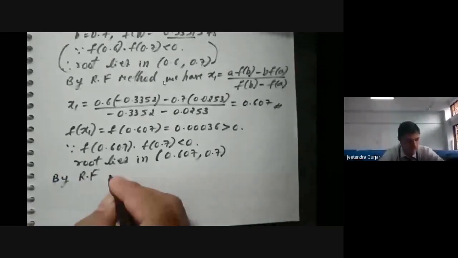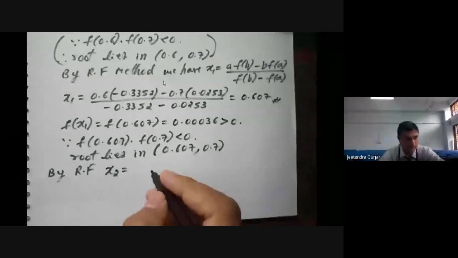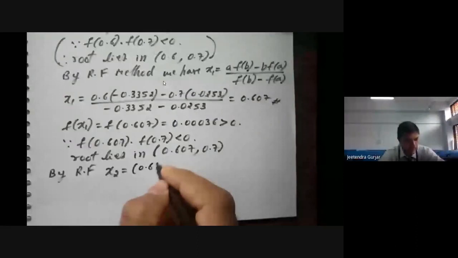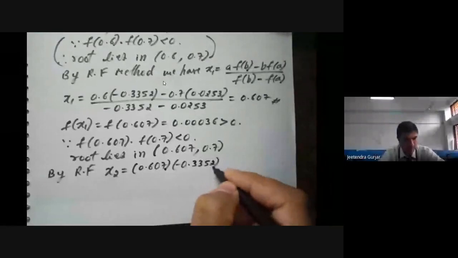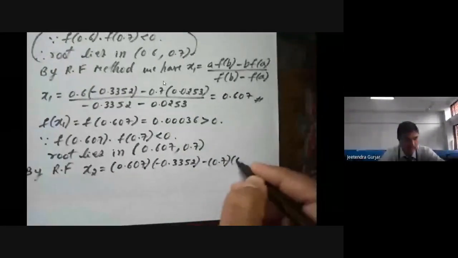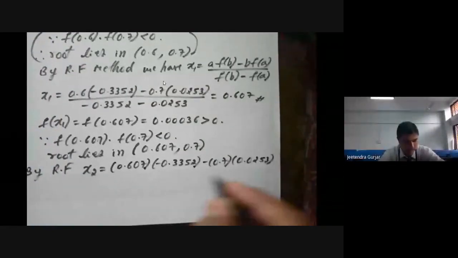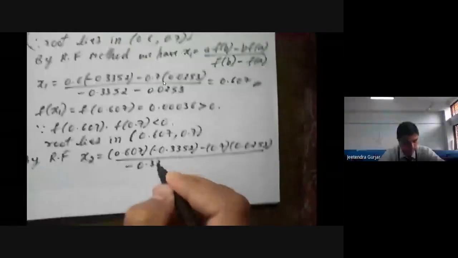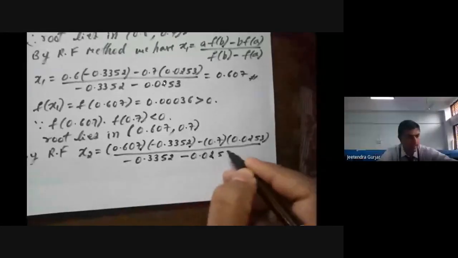By using the regula falsi method, x2 is equal to, the formula is already given, substitute the values. What is a here? 0.607 into f of b, which is minus 0.3352, minus 0.7 into 0.0253, divided by minus 0.3352 minus 0.0253.